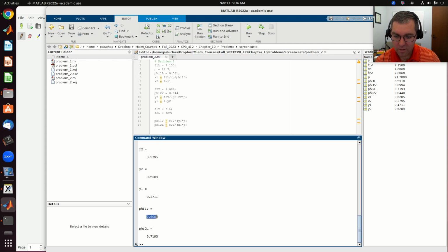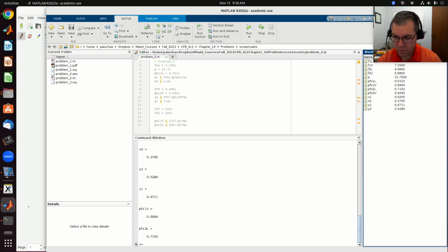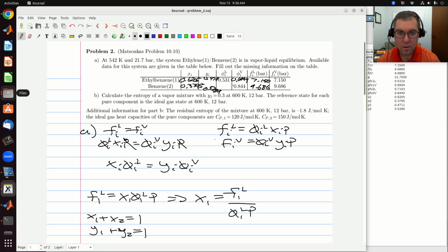So I get that phi1l is 0.6994. Okay, and then phi2l is 0.7193. Okay, cool. And so now just to comment on things, we said component 2 was the most volatile component, because y2 is greater than x2.